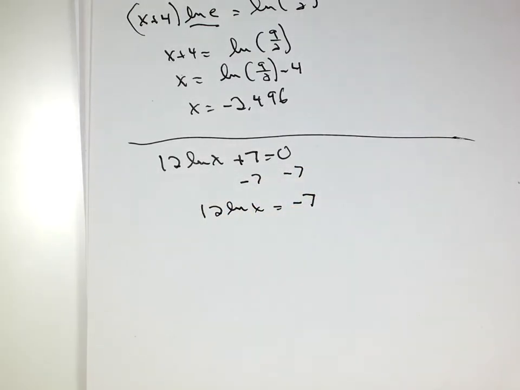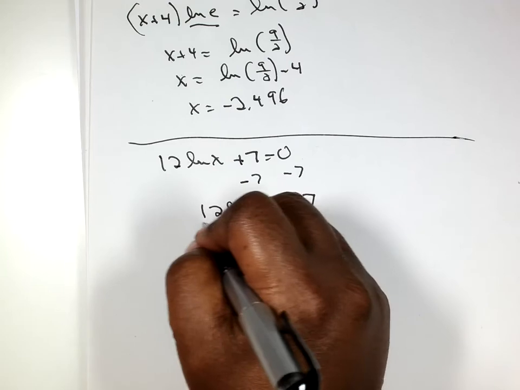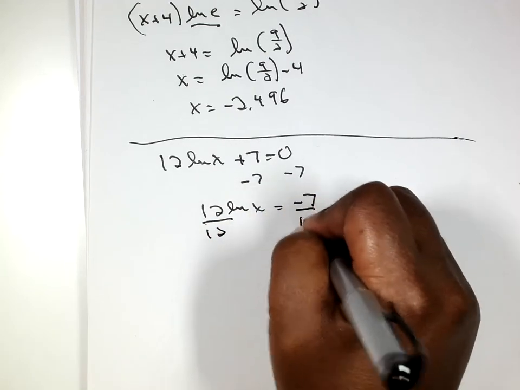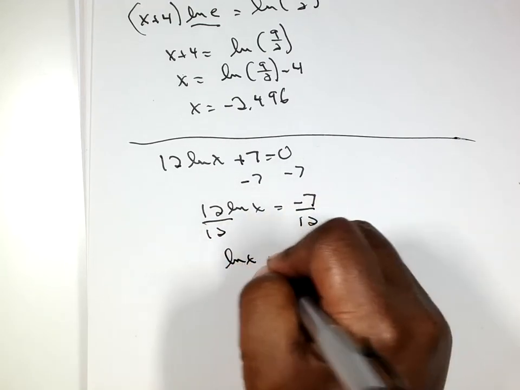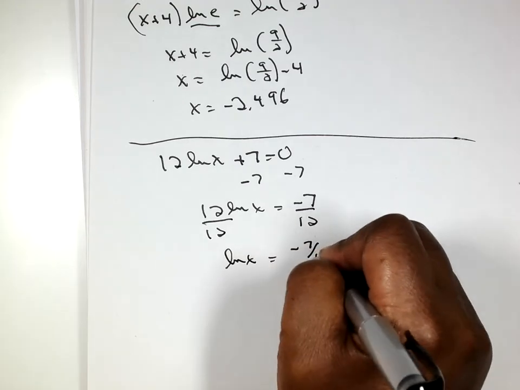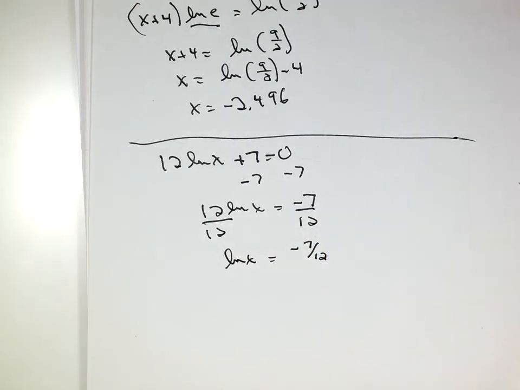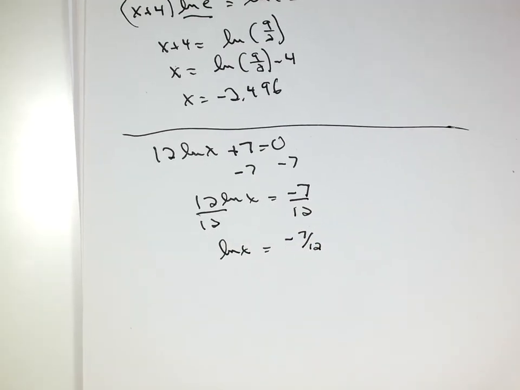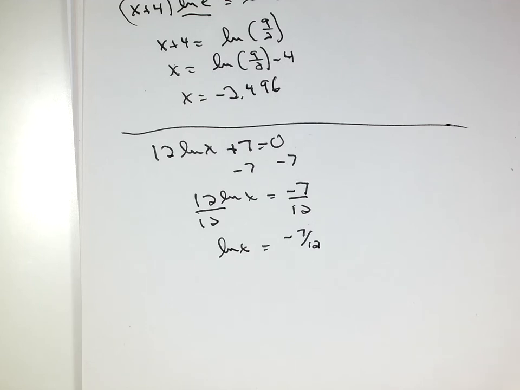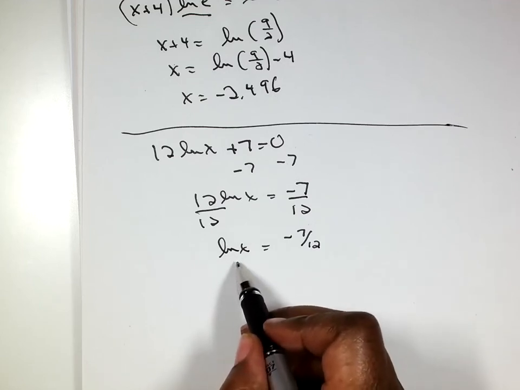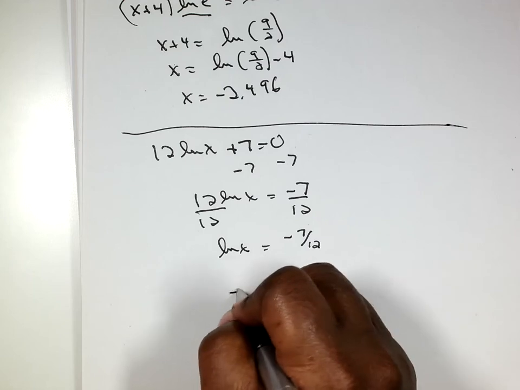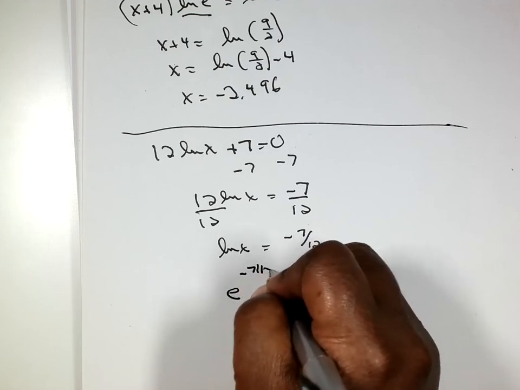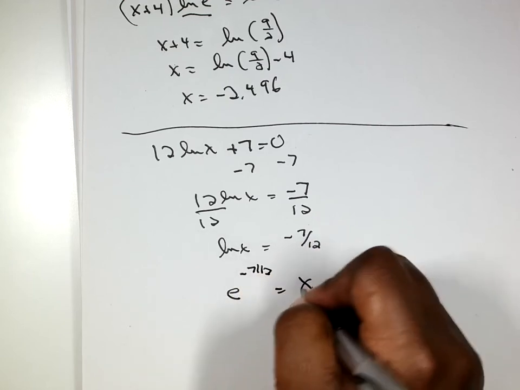So I get 12 ln x is equal to negative 7. Then divide by that coefficient. And I get natural log of x is equal to negative 7/12. I want to rewrite this as an exponential. The base here is e because it's natural log. So e to the negative 7/12 is equal to x.